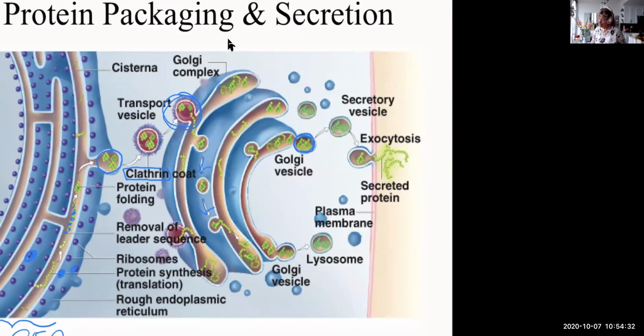So this vesicle buds off from the Golgi apparatus and fuses with the membrane of the cell, and the protein is secreted out into the interstitial fluid, which is then taken up by blood and circulated to the body. So nothing ever goes from cells directly into the bloodstream. It always goes through the interstitial fluid. There's just a small space of fluid between cells and blood.